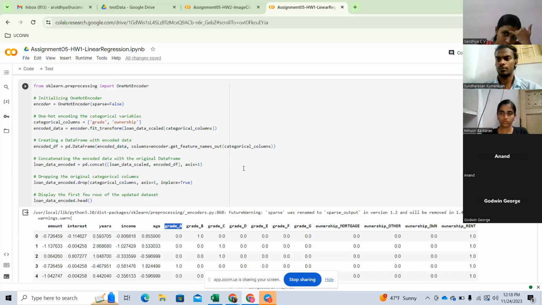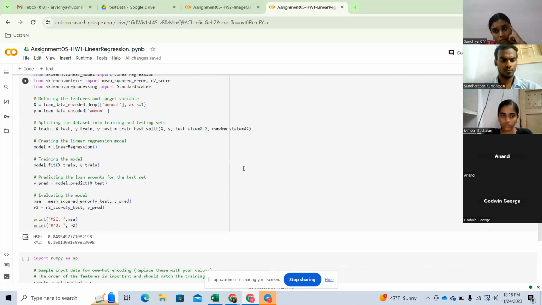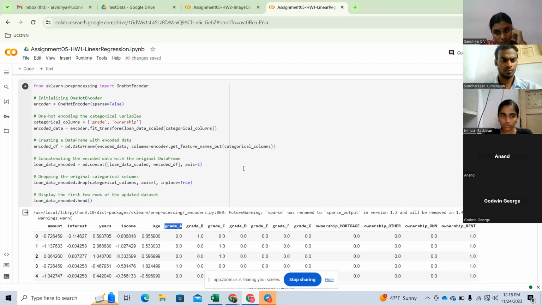For a loan applicant, it's probably going to be between 21 and 70. That's a much narrower range compared to, say, a salary, which can be anywhere between 3 lakhs and a crore. That spread is so high that even for small changes, your gradient would always tell you to optimize more on salary and not on age.